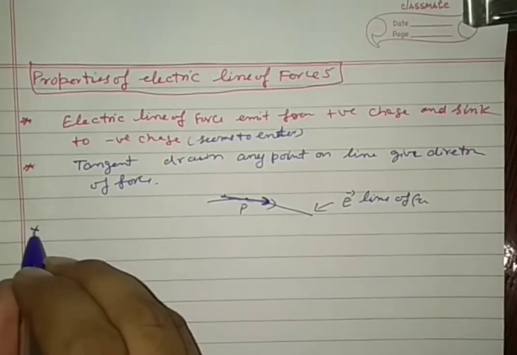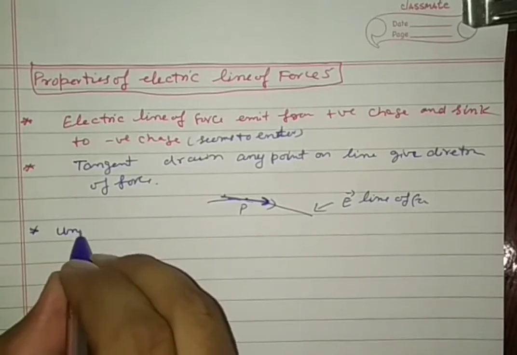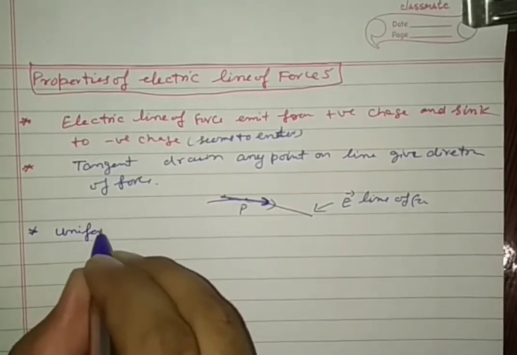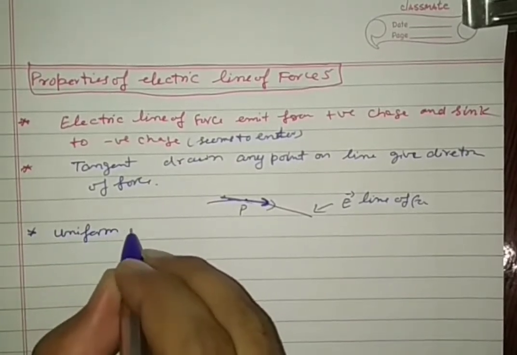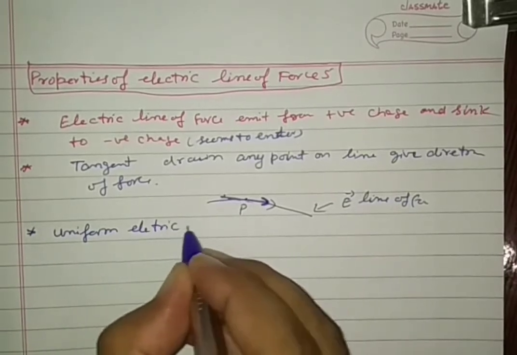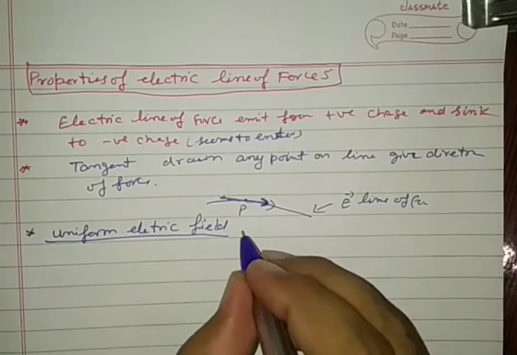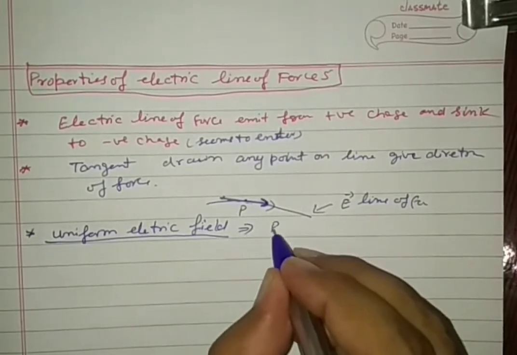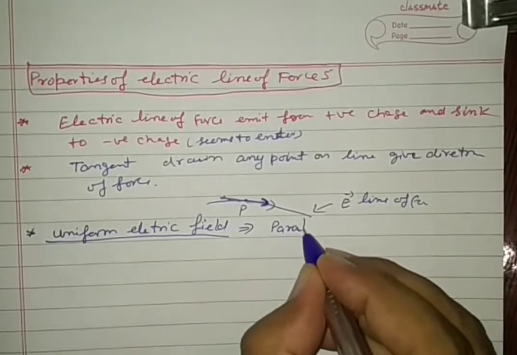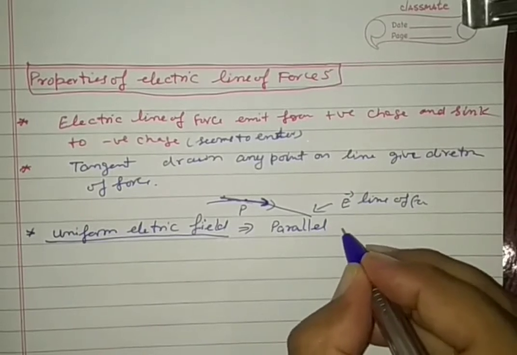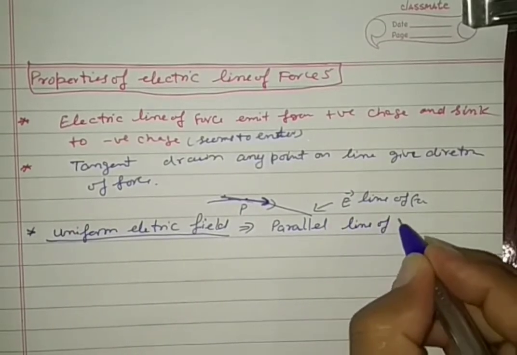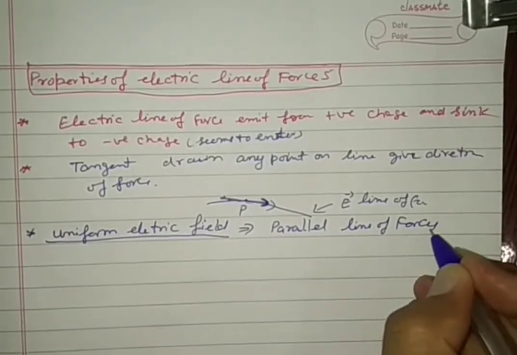There are two types of field we explained. One is uniform electric field. Uniform electric field means parallel line of forces.